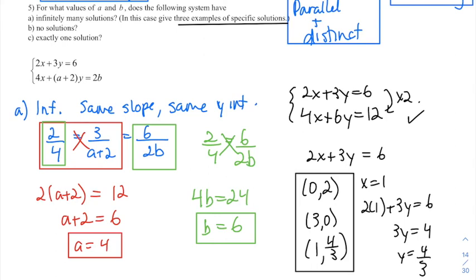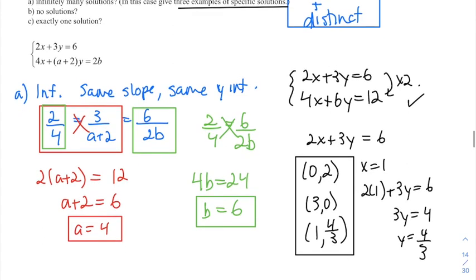Okay, so what do I have to do to have no solutions? Well, what that means is I know that 2 over 4, which is my coefficient of x, and 3 over 6 both have a ratio of 1 over 2, but I need to make sure that my last variable doesn't have that ratio.